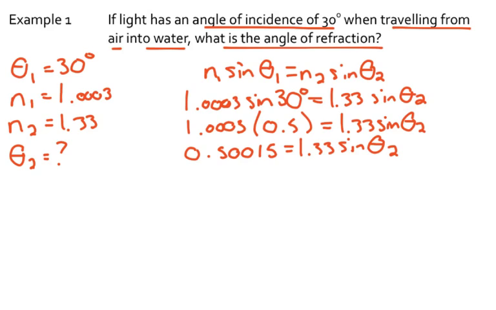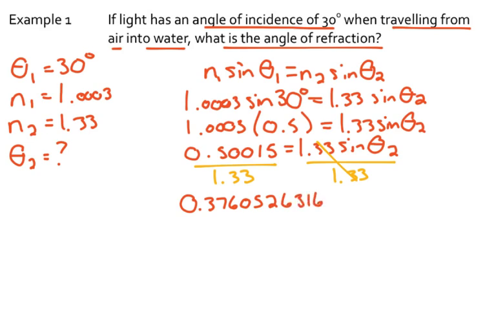End goal is we want to know what theta 2 is. So in order to get to that point, we'll divide both sides by 1.33. Doing that on the right, we get 0.37605 26316, and that equals sine of theta 2.